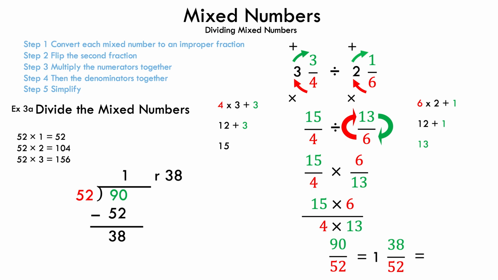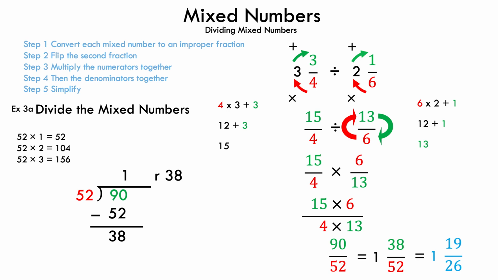And in this case, we're not done yet, and that is because we need to simplify 38 and 52. And the reason why we need to simplify those two numbers is because they're both multiples of 2, or they're both even. So we can divide each number by 2, and that gives us 1 and 19 over 26, because 38 divided by 2 is 19, and 52 divided by 2 is 26. So our answer is 1 and 19 over 26.